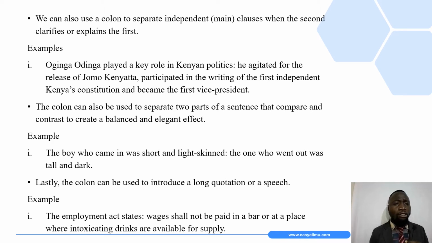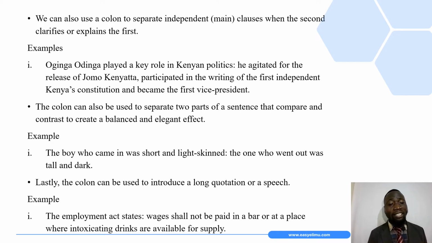Another use of the colon is that it can be used to separate two parts of a sentence that compare and contrast to create a balanced and elegant effect. Here is an example also in a sentence: the boy who came in was short and light-skinned: the one who went out was tall and dark.